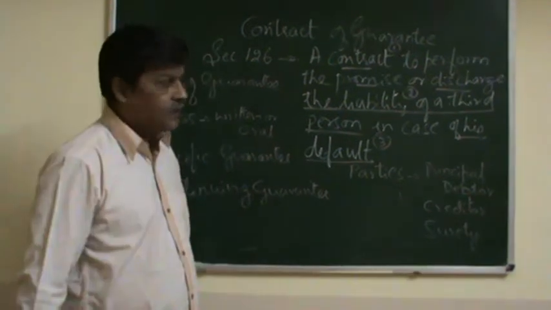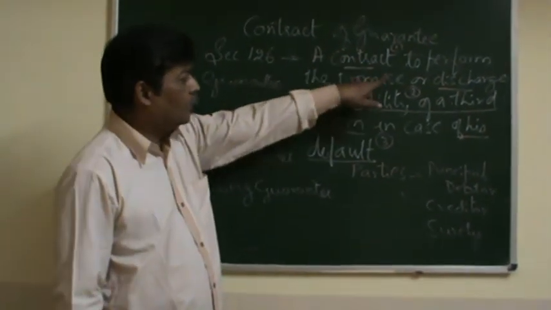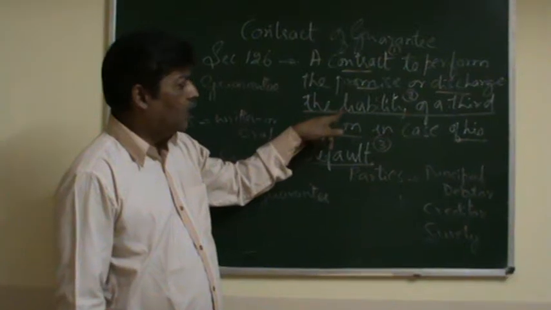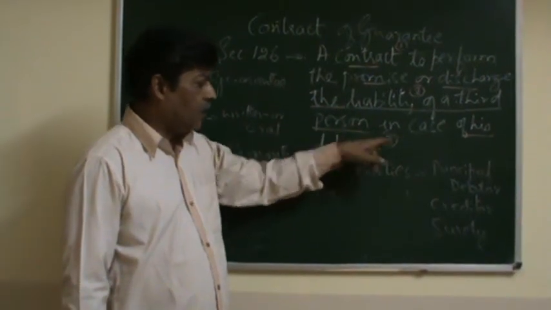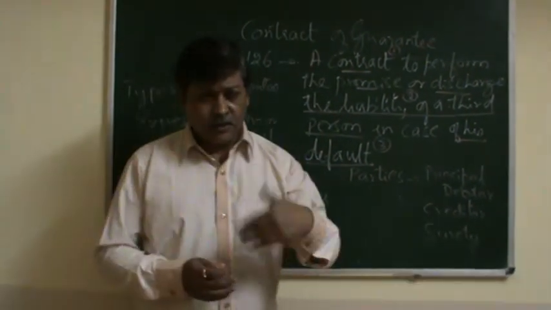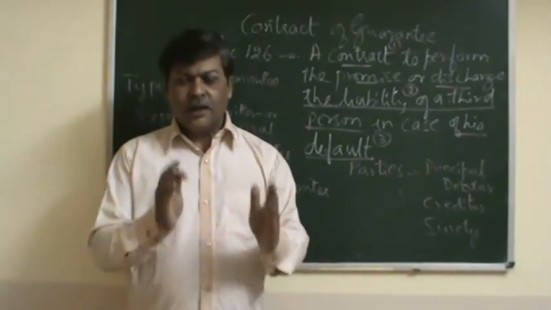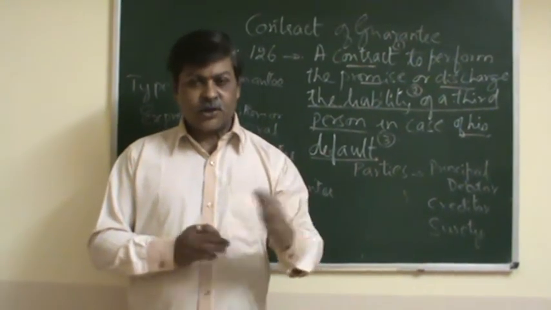So there are three important aspects: it is a contract to perform the promise or discharge the liability of a third person in case of his default. This is what we mean by guarantee as explained in section 126.